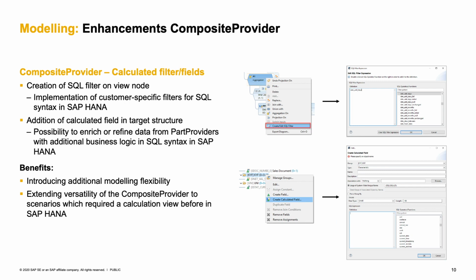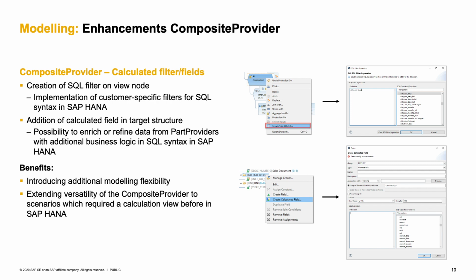Then moving to the next slide, this is also about the composite provider and providing more flexibility, especially when it comes to bringing in customer logic by using SQL commands. Here we added 2 further possibilities for you to bring in your own logic. Point 1 would be a filter node, which you can customize to use your own filter logic.